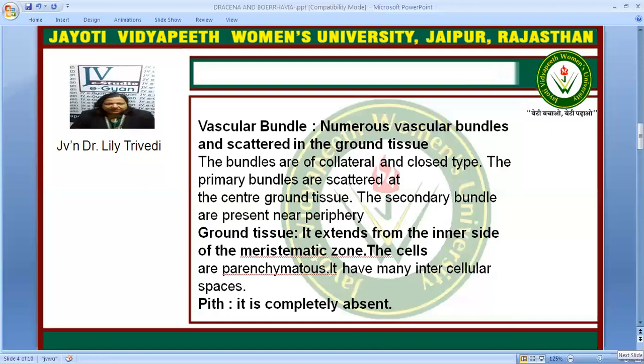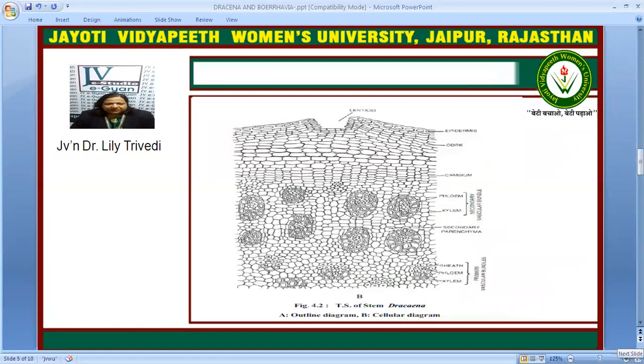They are of collateral and closed type. The primary vascular bundles are present in the center and the secondary vascular bundles are present near the periphery. The ground tissue will extend from the inner side of the meristematic zone and the cells are parenchymatous having intercellular spacing. As it is a monocot, the pith is completely absent. So this was about Dracaena.